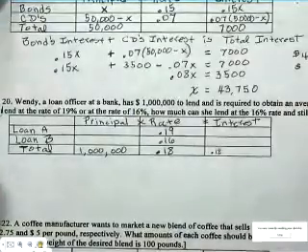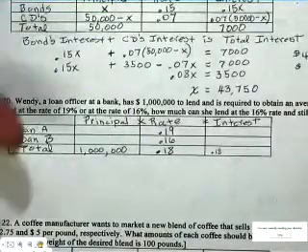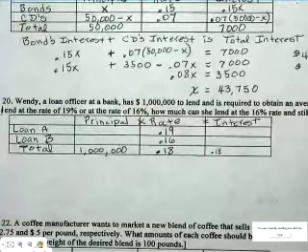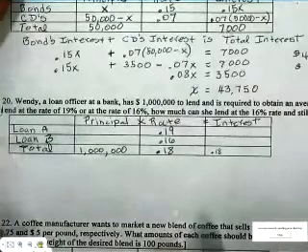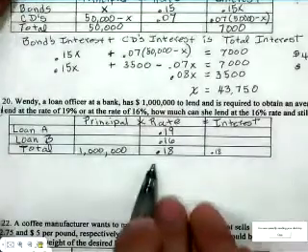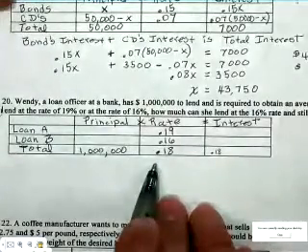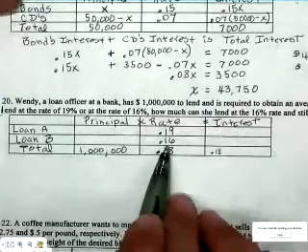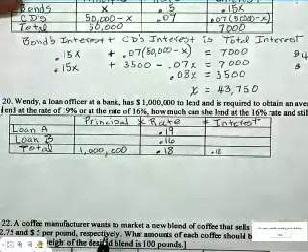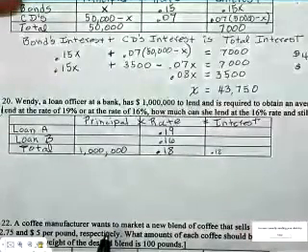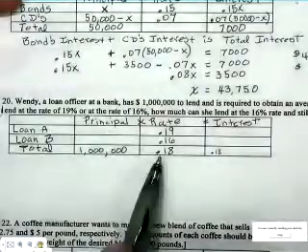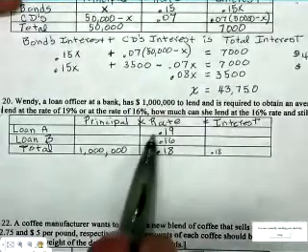Help me figure this out. Let's think about what a reasonable answer would be here. If out of that $1 million, she has to average 18% interest, is she probably going to have to put more at 16% or more at 19%? If she wants to average 18%, she's going to have to put most of it at the higher rate.